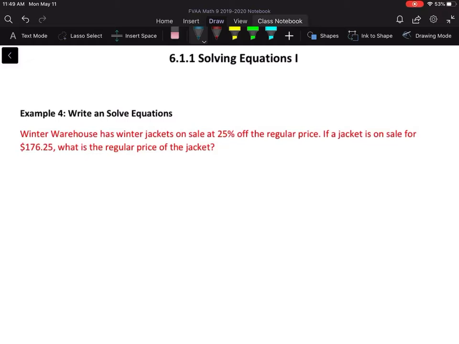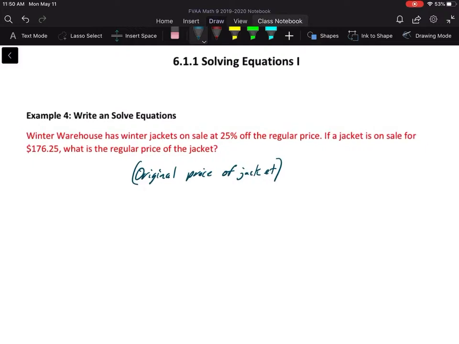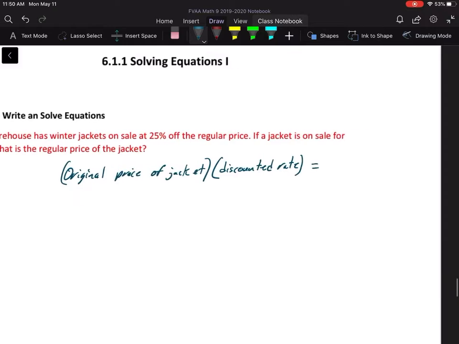If I were to come up with an equation for this, I would do the original price of the jacket, and then times the discounted rate, is equal to the sales price of the jacket.